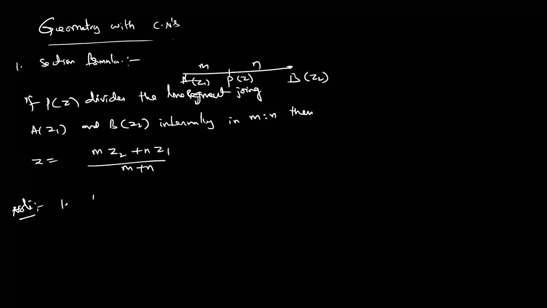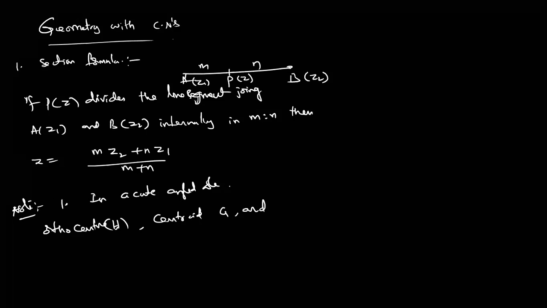In an acute angle triangle, orthocenter H, centroid G, and circumcenter O are collinear.